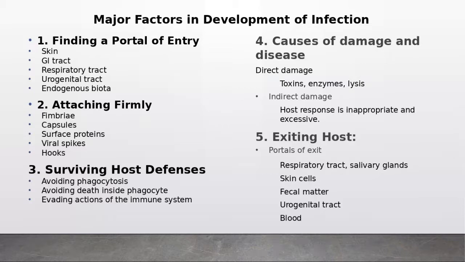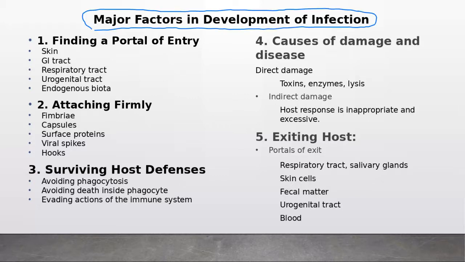This is the development of infection. Infection happens when the flora, whether normal flora or pathogenic flora, enter into the sterile tissue. The first thing is they have to find the portal of entry.